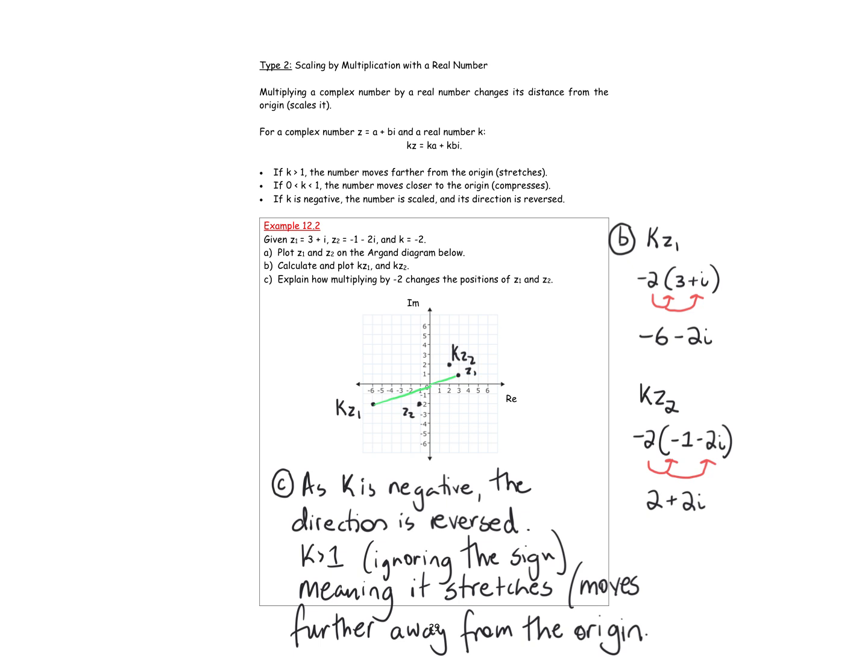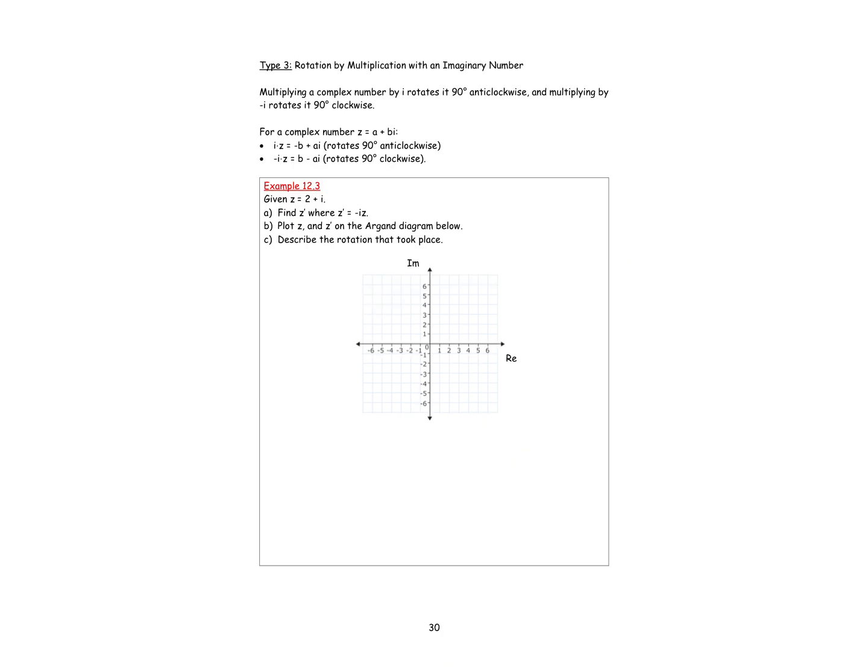So again, c says explain how multiplying by -2 changes the positions of z1 and z2. First of all, k is negative, so the direction is reversed. And because the k number itself, ignoring the minus part, is bigger than 1, it stretches or moves further away from the origin.